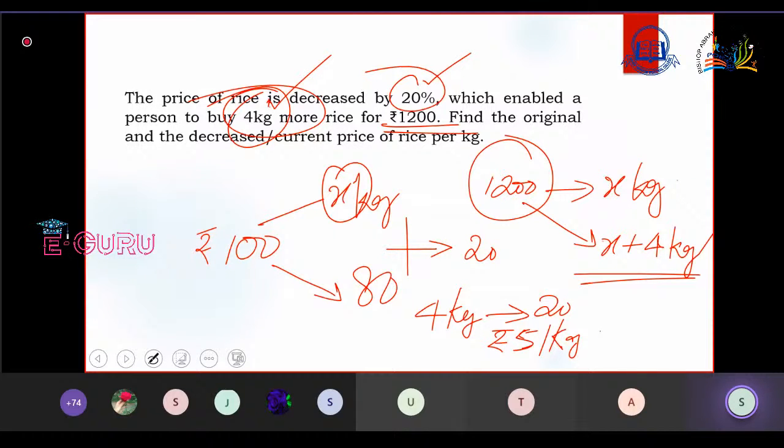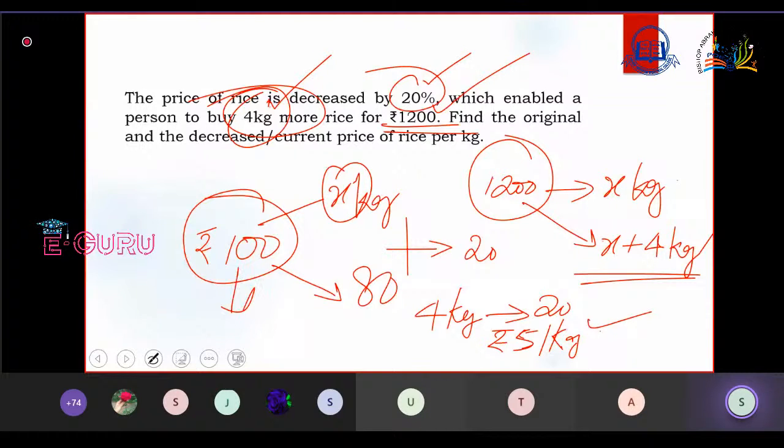But one more thing, this 100 is not the actual amount. The actual amount is 1200. 100 was the amount which we assumed, right? Initially this happened for 1200. So now we can make a comparison. If it is 100, the current price is 5.